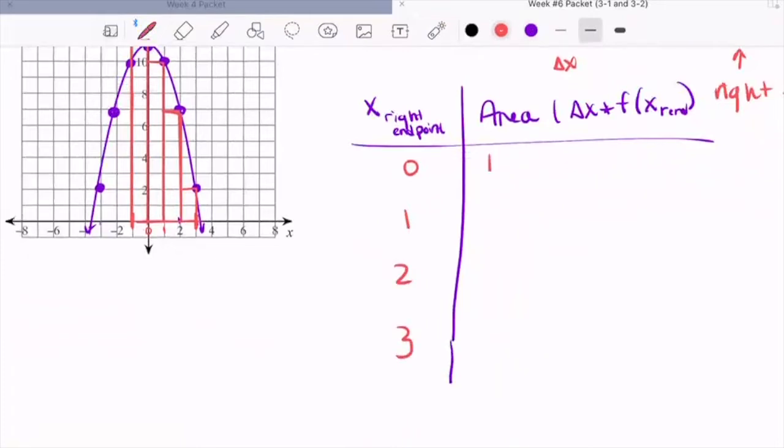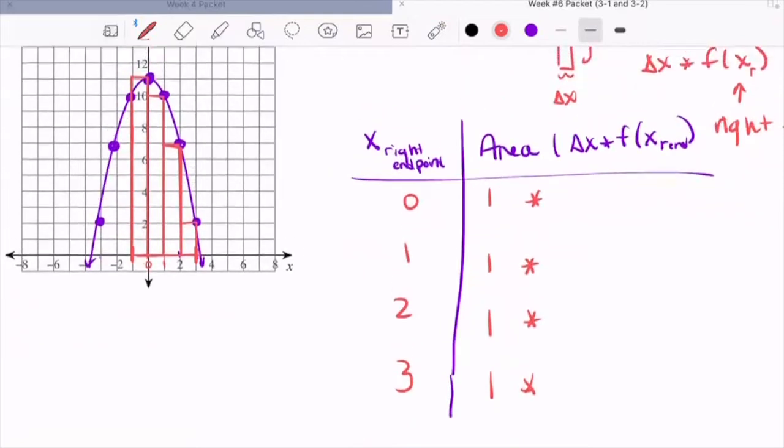So our width is always 1 here as well, so we can just fill in 1, 1, 1. And then we can just read off from our graph and that work that we already did of what the height of our rectangles are going to be. So for that first rectangle, when we plugged in 0 into our function, we got an output of 11. So that first height is 11.